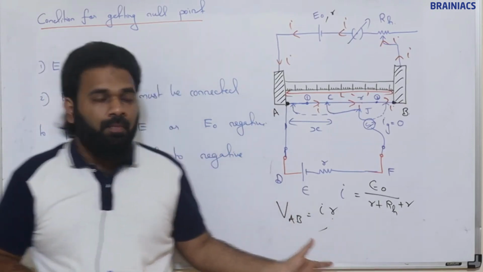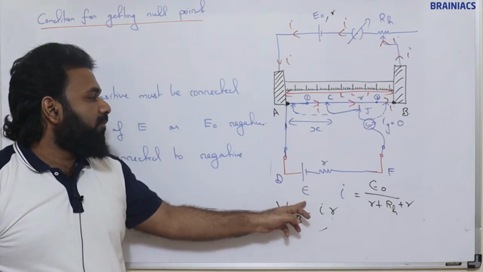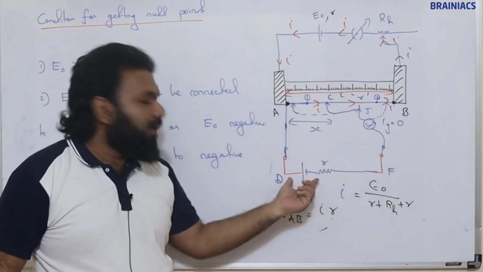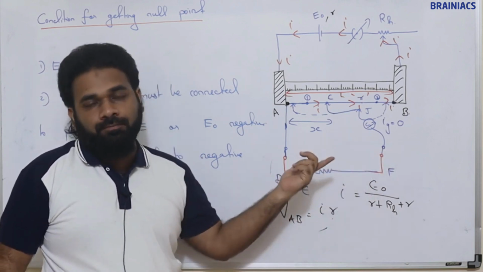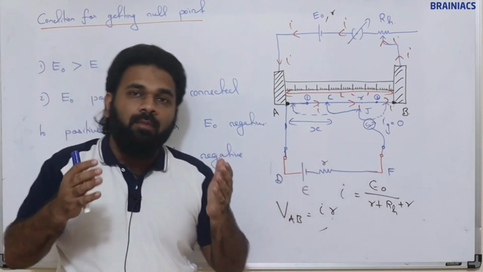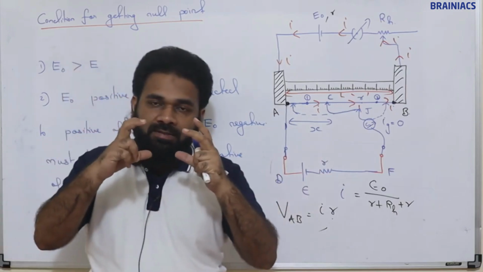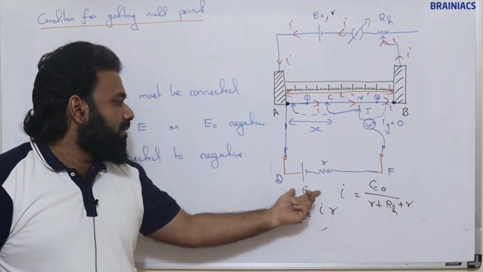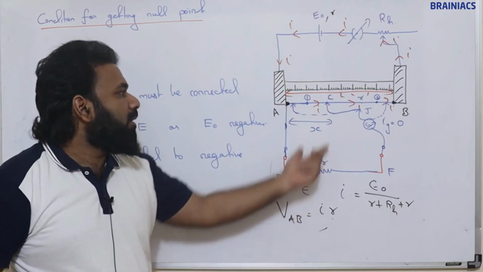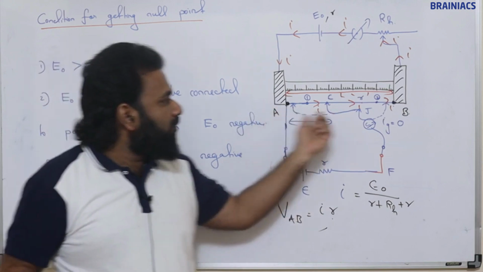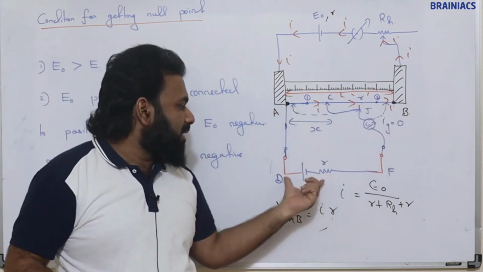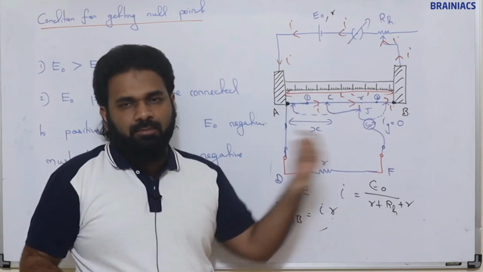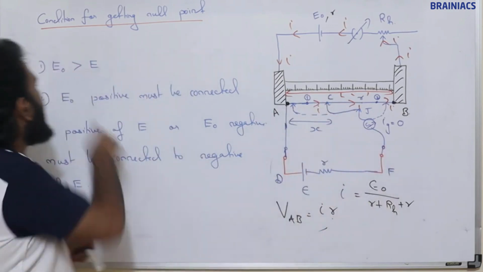Suppose this EMF is greater than this one, then we won't get a null point because definitely this cell will be sending some current. The null point happens when the voltage difference between the points is the same. If this cell is of higher capacity, that won't be possible, because even if we move fully, this cell will still deliver some current. So the first point is this.